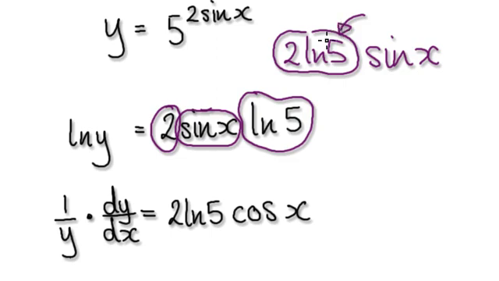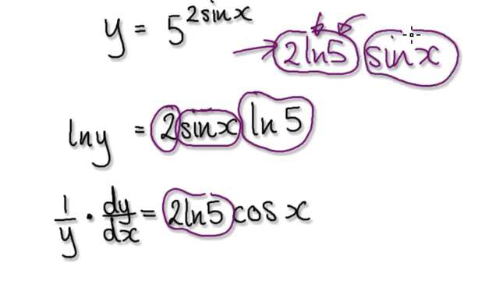So this is just a constant. So when you differentiate this whole thing here, it will give you this constant here, and then you have to differentiate this, which will give you cosine of x.